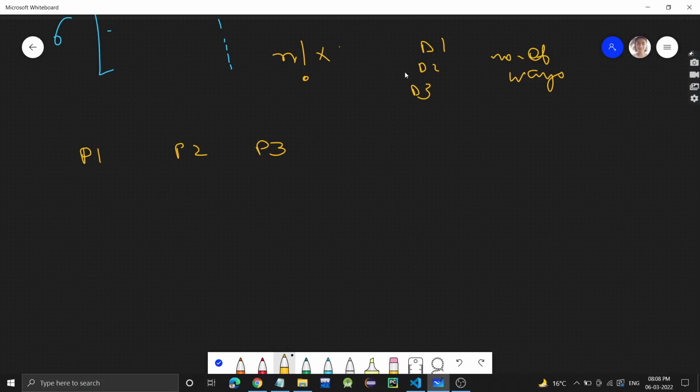Let's say I am picking d3 first. Where can I place this d3 in this order? Can I place d3 here? No, because delivery should be after pickup. Or here?